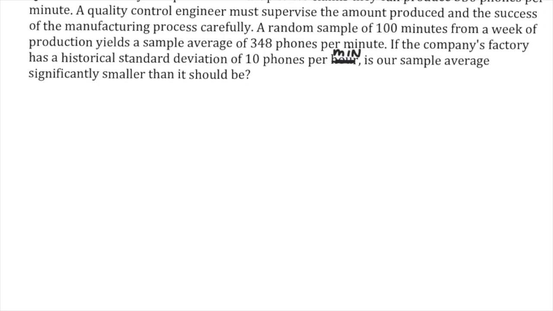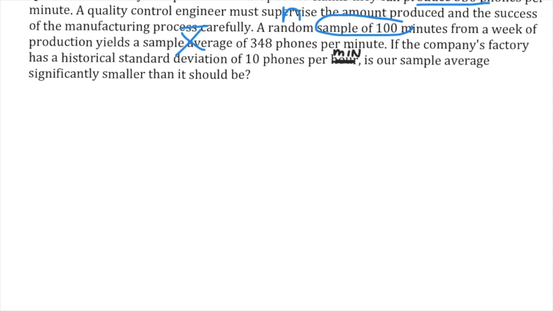So it says that the factory produces smartphones at a rate of 350 phones per minute. So that's what their target is. That's what they're claiming that their average amount of phones produced should be. And then after examining a random sample of 100 minutes, that would be our N, from the week yields a sample average of 348.